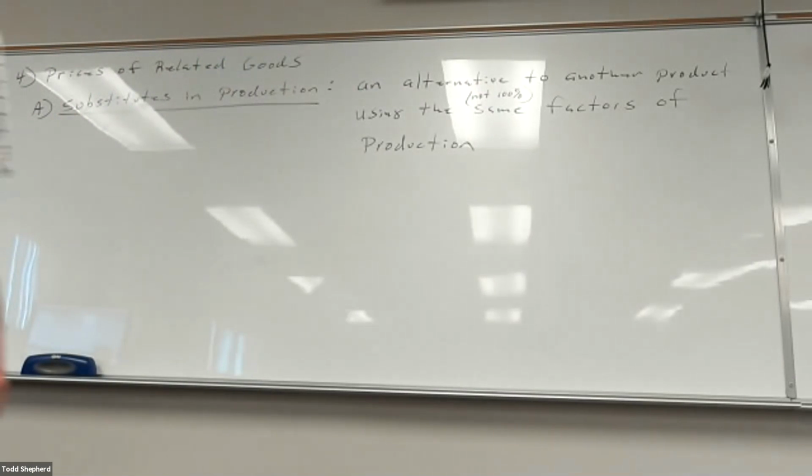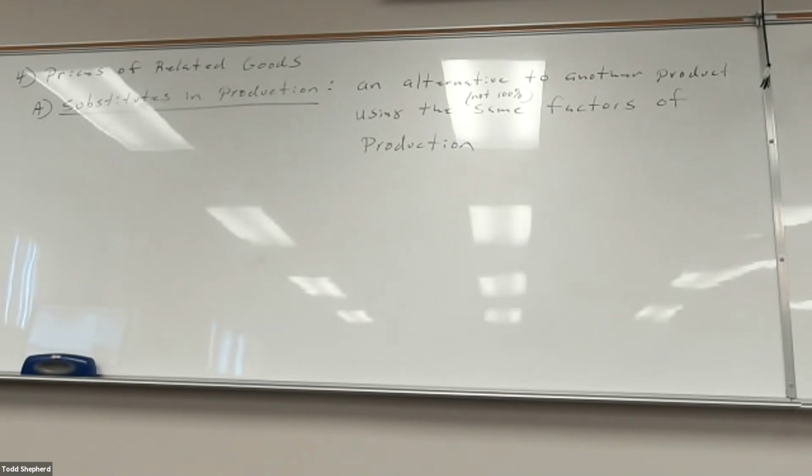And what I mean by that is you can consider corn and soybeans as substitutes in production, because you can use the same land to grow either corn or soybeans. The same farmer can grow corn or soybeans. You can use the same tillage equipment, the same spraying equipment, right, so on and so forth.